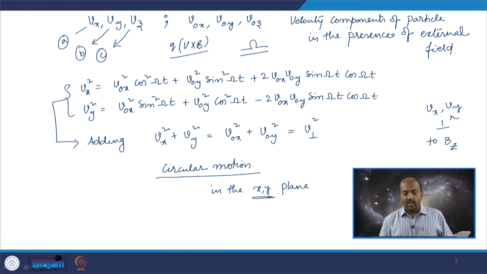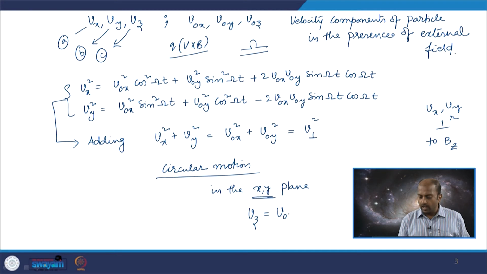What happened to the z axis? What is Vz doing now? Vz is a constant which has remained at the same value over the period of time. So, with time Vz is a constant, right. Now, what are Vx and Vy doing? Vx and Vy are executing circular motion in the xy plane and Vz is a constant.